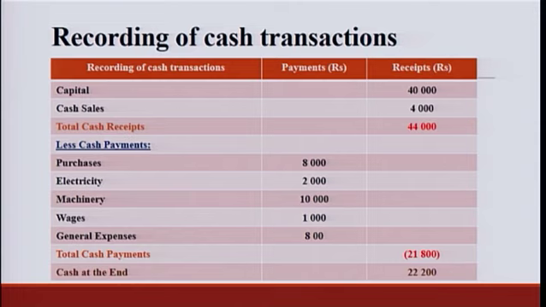To calculate cash at the end, you need to take total cash receipts minus total cash payments. That is 44,000 rupees minus 21,800 rupees, which amounts to 22,200 rupees.